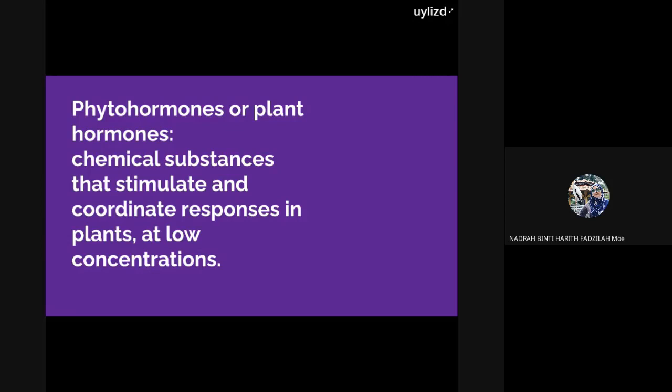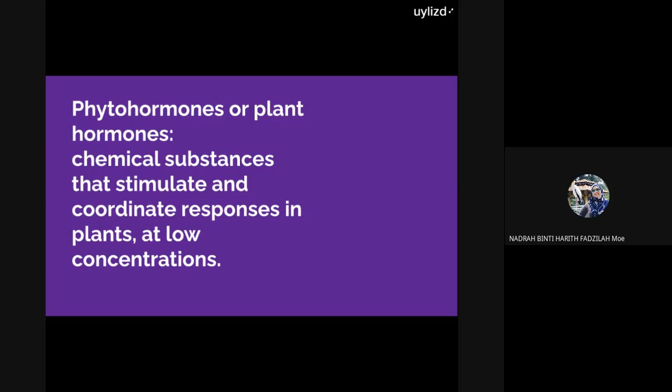For example, nanti kita akan discuss auxin. High concentration of auxin stimulate cell elongation in the shoot area, pada organ daun. Tetapi at the same high concentration, when we put it in the root cell area, pada bahagian akar, it inhibits cell elongation.